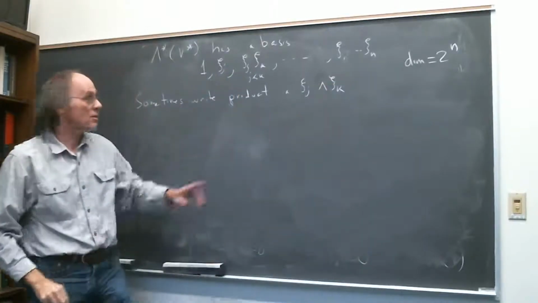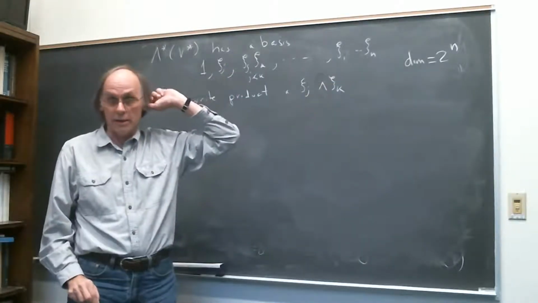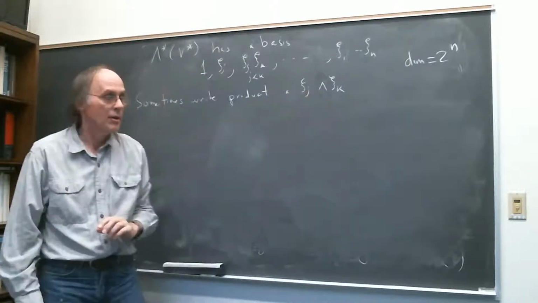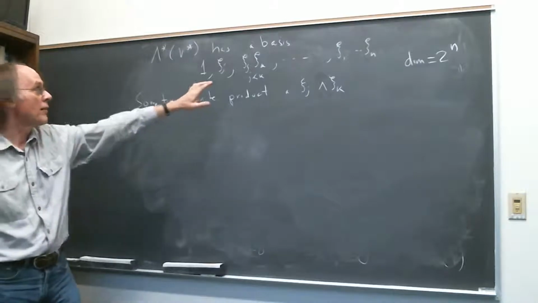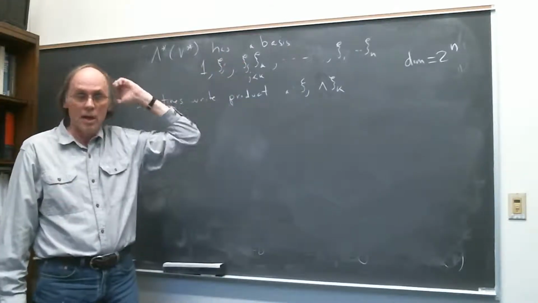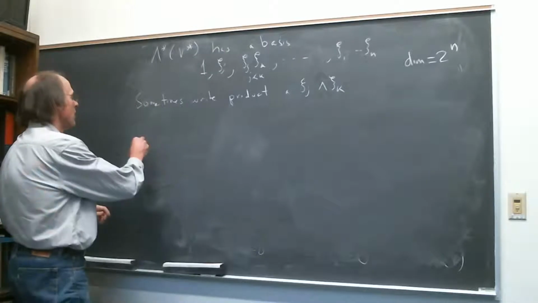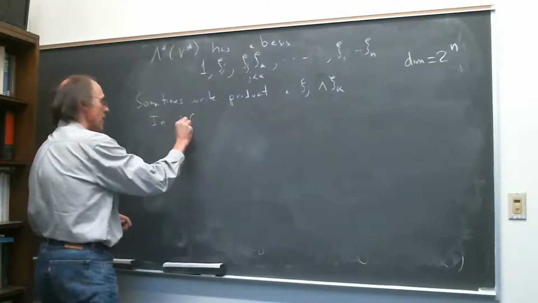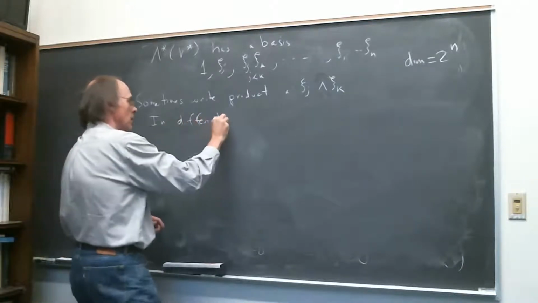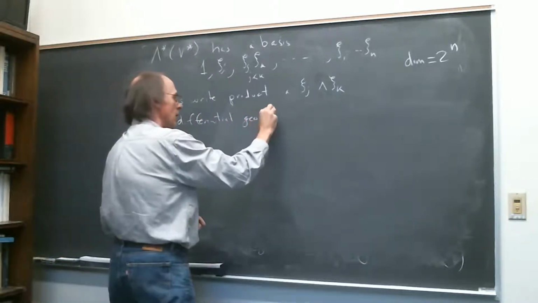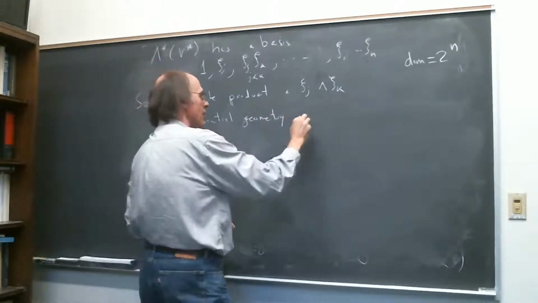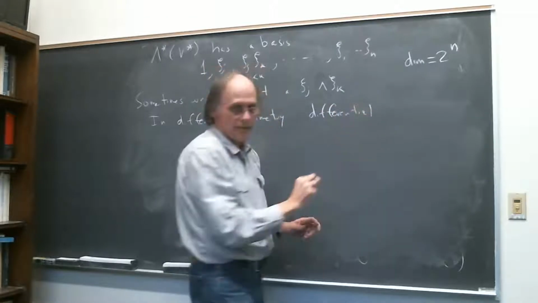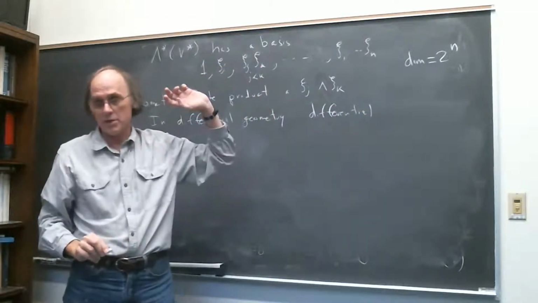So sometimes you talk about the wedge product, and this is a giveaway that this is an antisymmetric product, but it's the same product that I'm implicitly using here. And so sometimes you'll see this in differential geometry, differential forms. So this is just a comment in case you've seen this or do see this at some point.